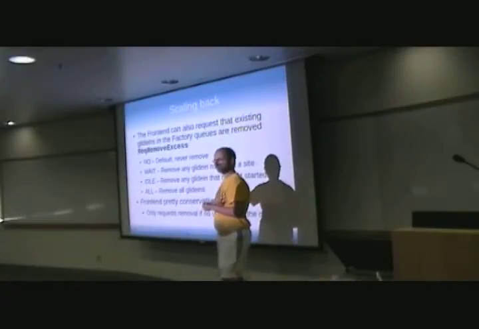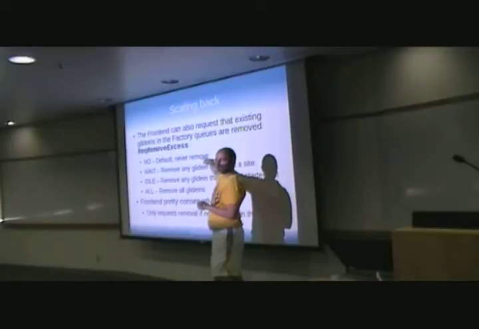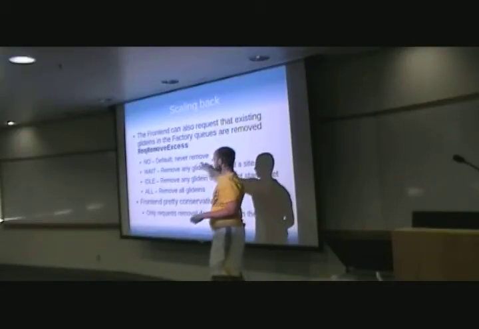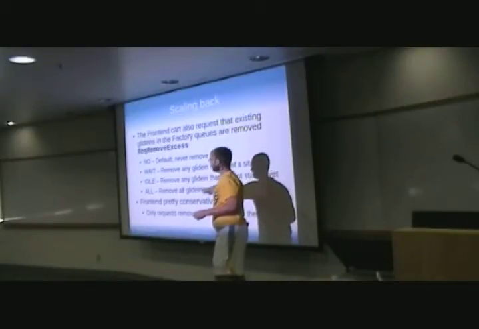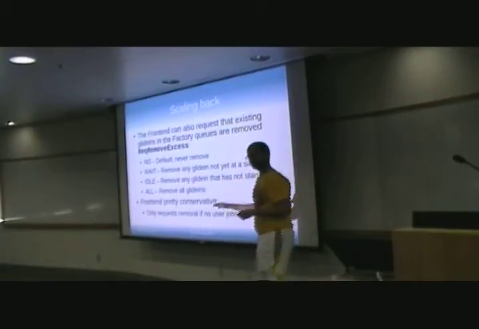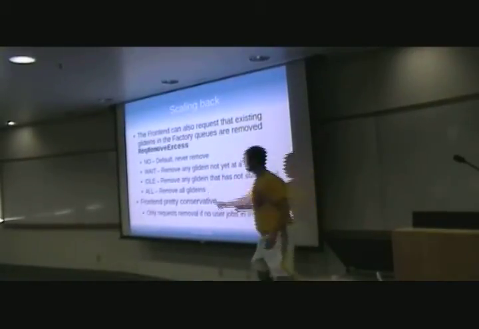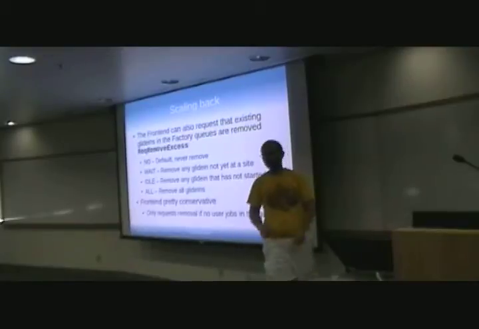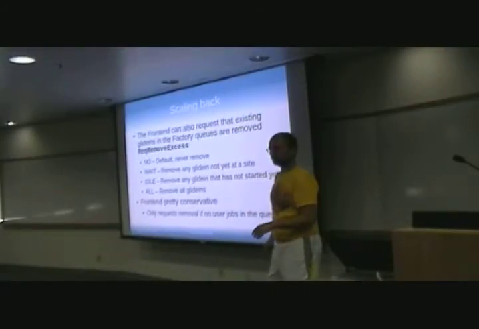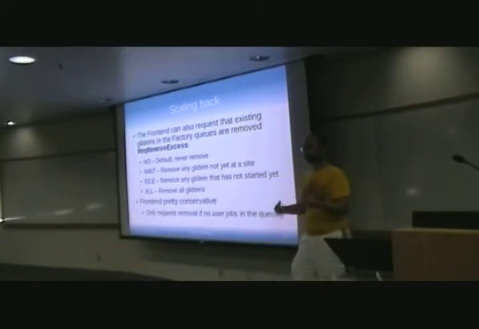It will really keep it to no most of the time, and only when it is really, really convinced that it doesn't need anything, like there are no jobs in the queue anymore, it will go to first this, then this, then this, slowly. But eventually it will go to this and just say, get rid of all my glideins in the queues, I don't need them. It's actually a nice way to clean stuff that would get left behind because of spikes or sites broken or whatever.